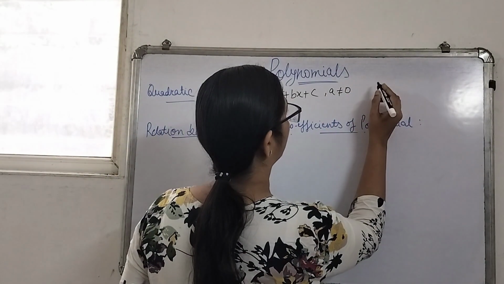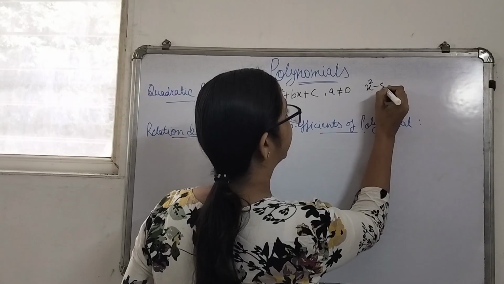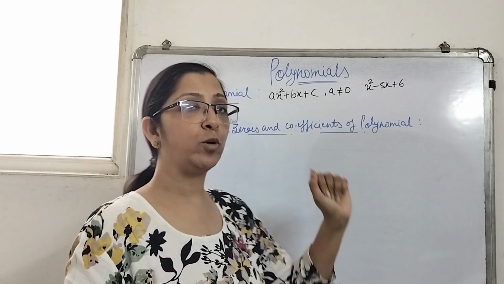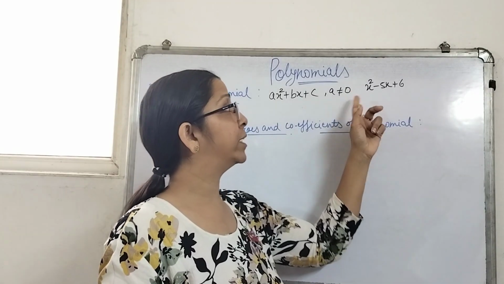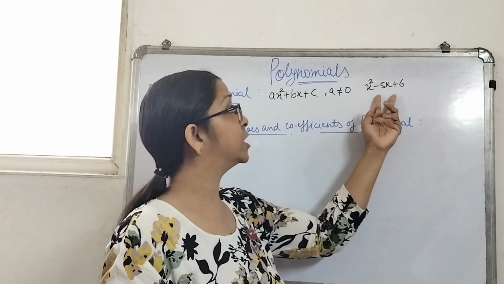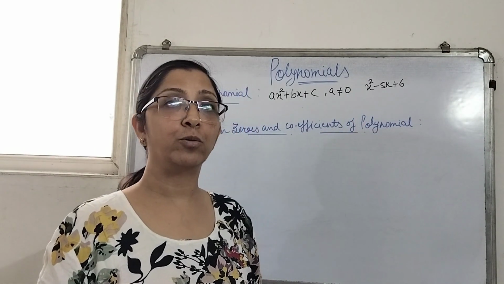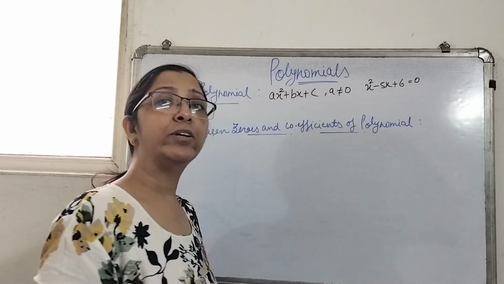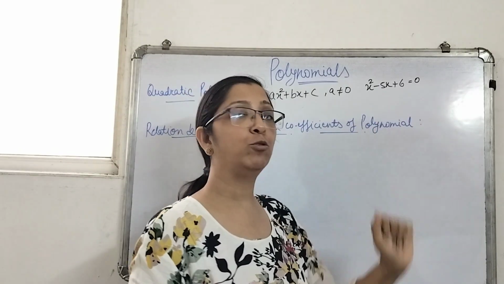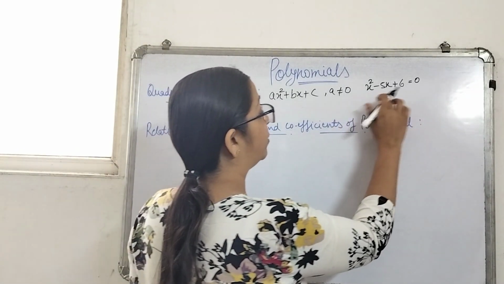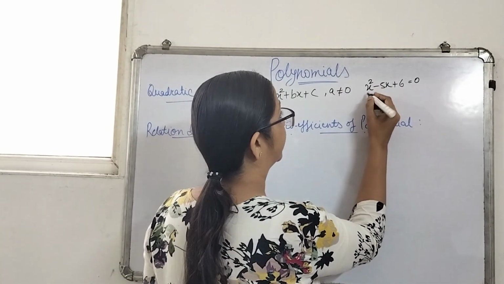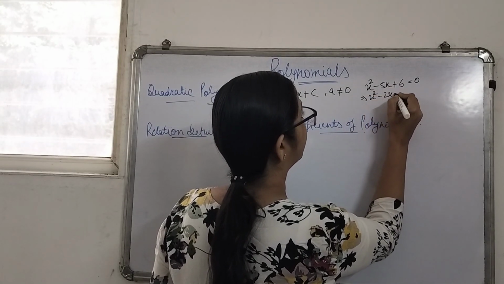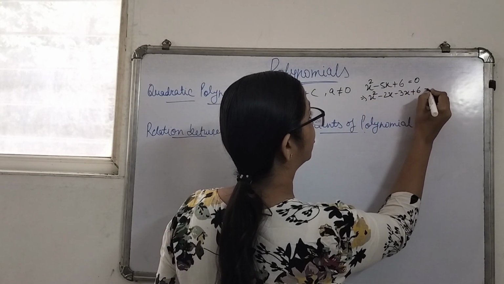Suppose a quadratic polynomial is x square minus 5x plus 6. We have to find the zeros of this polynomial, that means the values of x for which this polynomial turns to 0. For that, we keep it equal to 0. Now we factorize it by middle term splitting. So it will be x square minus 2x minus 3x plus 6 equal to 0.